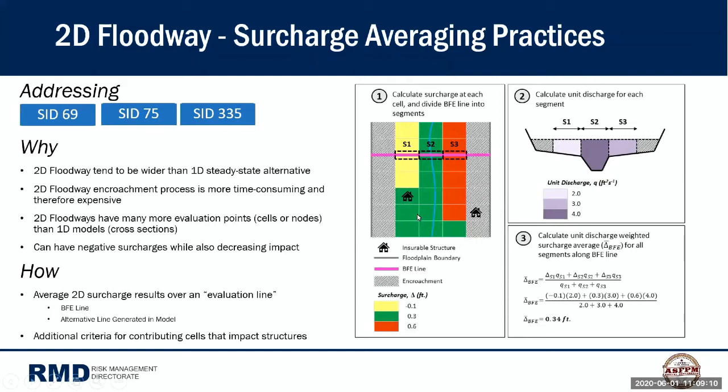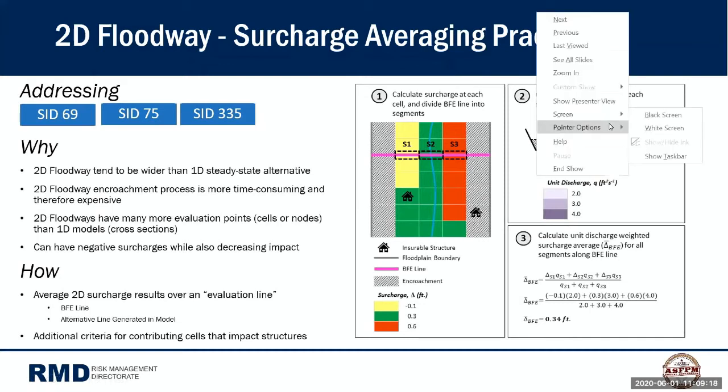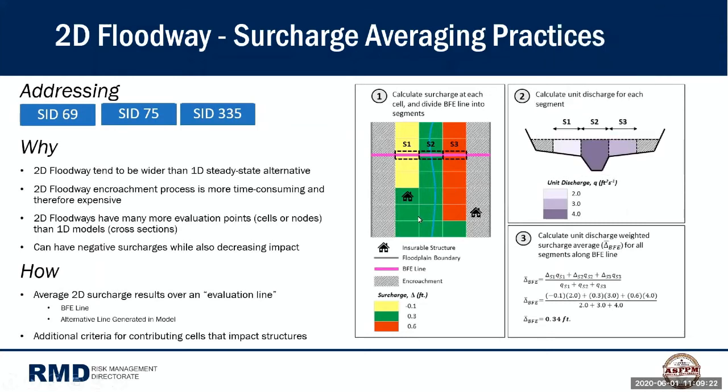So you'll see areas where you have the 0.6 surcharge, 0.3 down the center line of the channel, and then a little bit of a negative surcharge on the left side of the figure. And when you take that average, which is shown in the pink across the top, you'll get an average similar to what you do for a cross section.